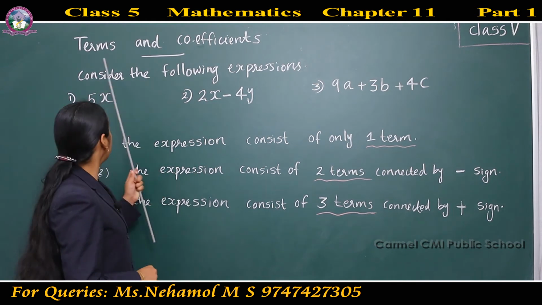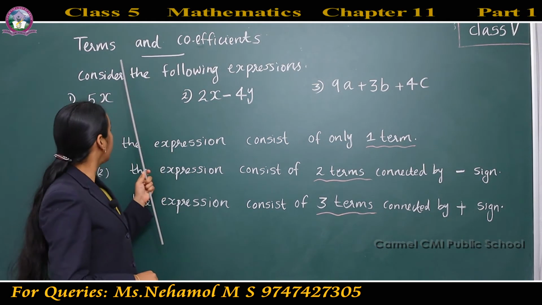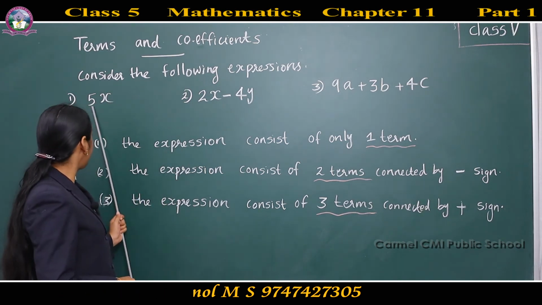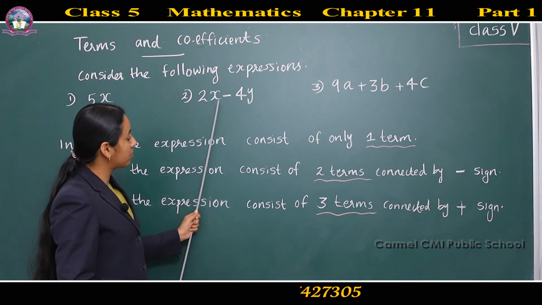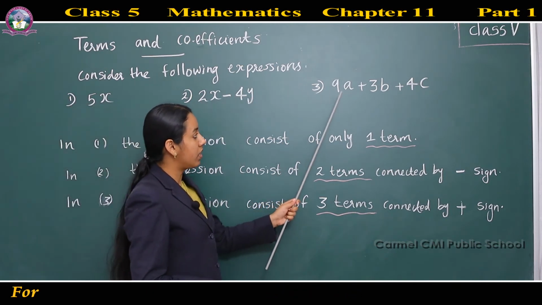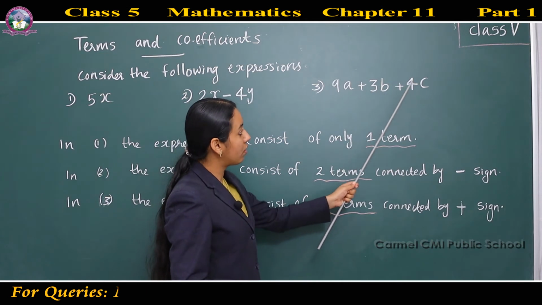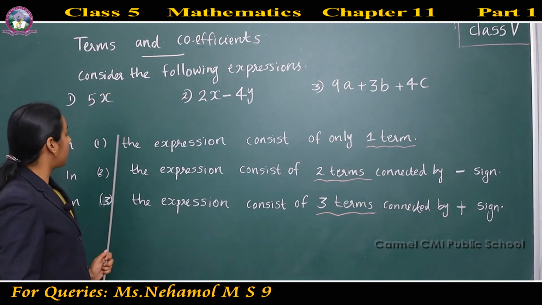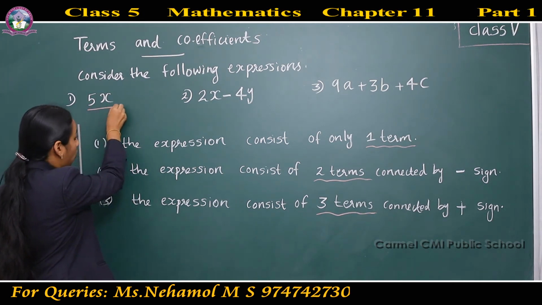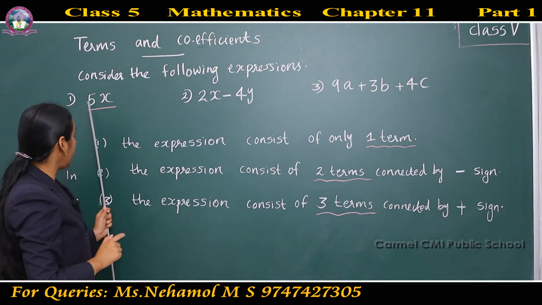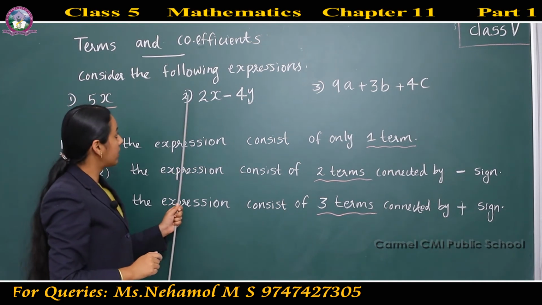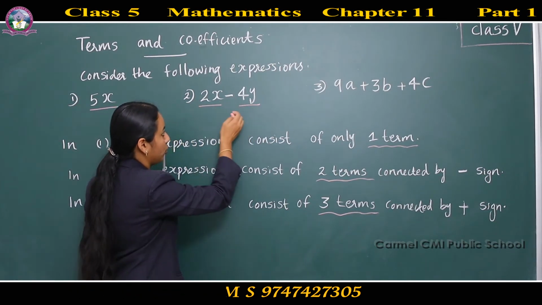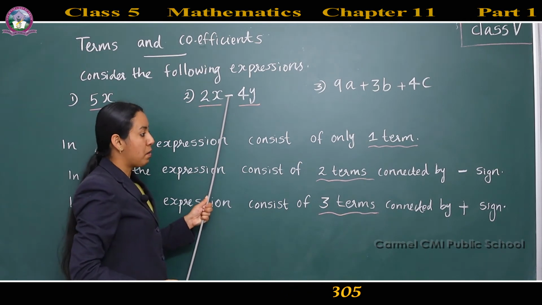Next topic, terms and coefficients. Consider the following expressions. First one, 5x. Second one, 2x minus 4y. Third one, 9a plus 3b plus 4c. 3 expressions are given here. In the first one, the expression consists of only one term, 5x. In the second one, the expression consists of two terms connected by a minus sign.